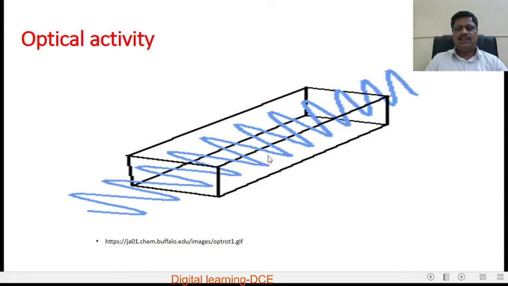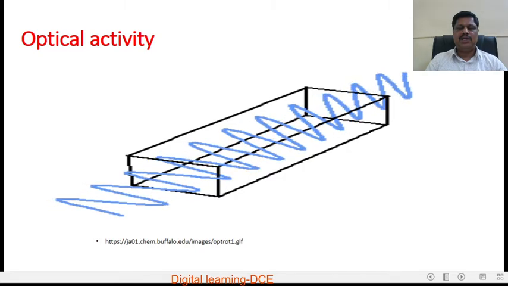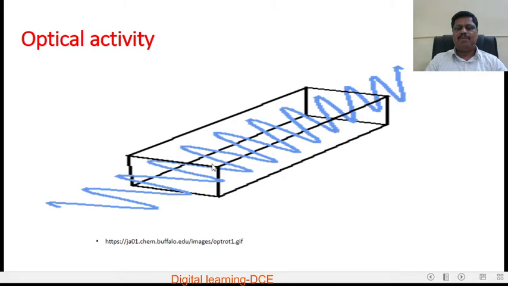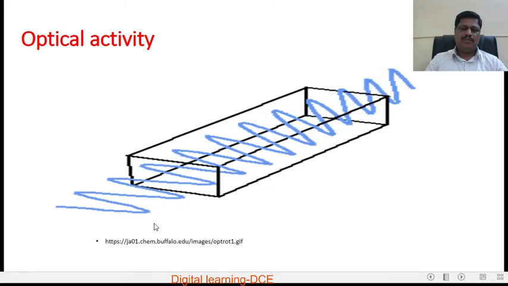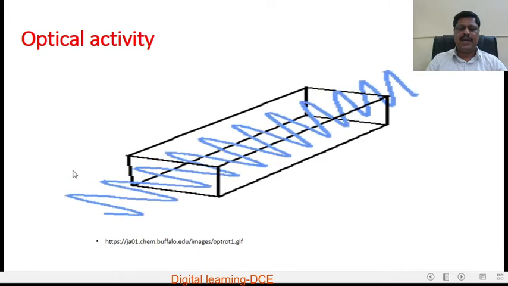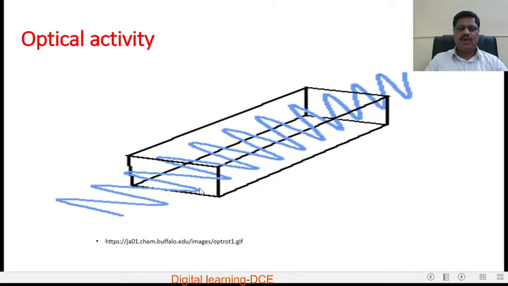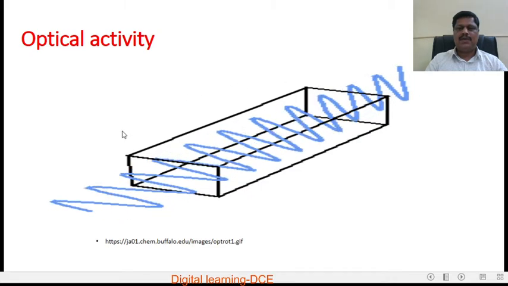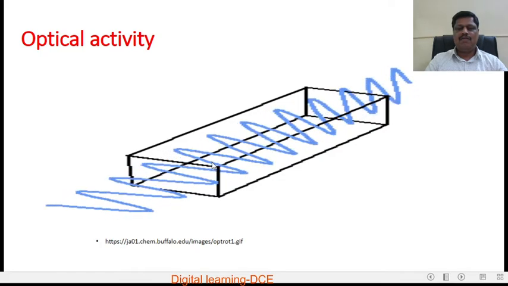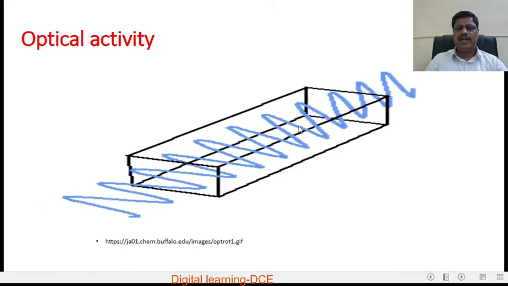So this is the animation picture of the rotation of the plane of vibration or polarization when plane polarized light is passed through optically active substance. This is a light wave having vibration in this plane only. When this plane polarized light is passed through optically active substance or crystal, the plane of vibration goes on slightly rotating.